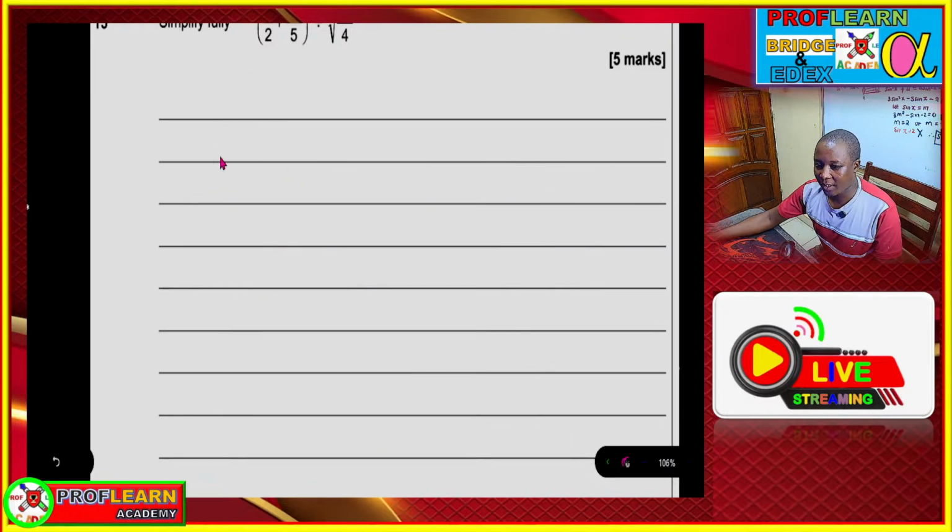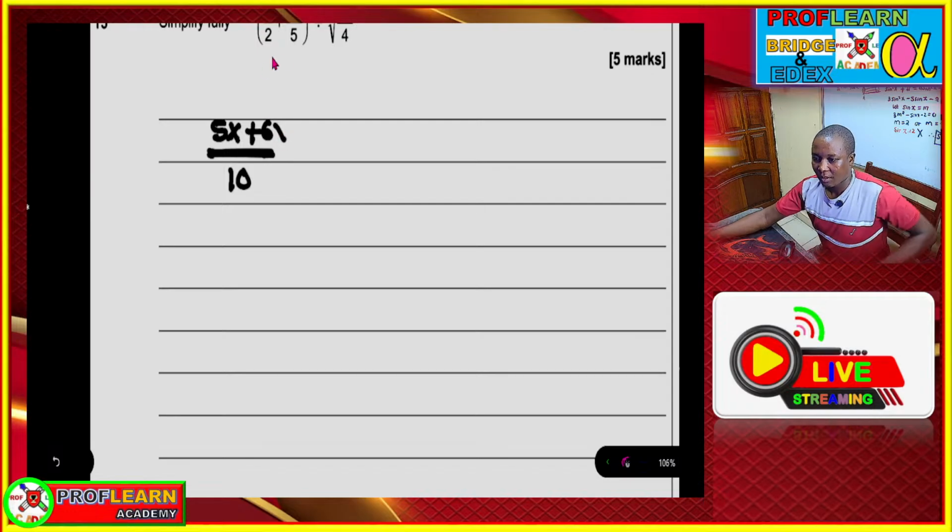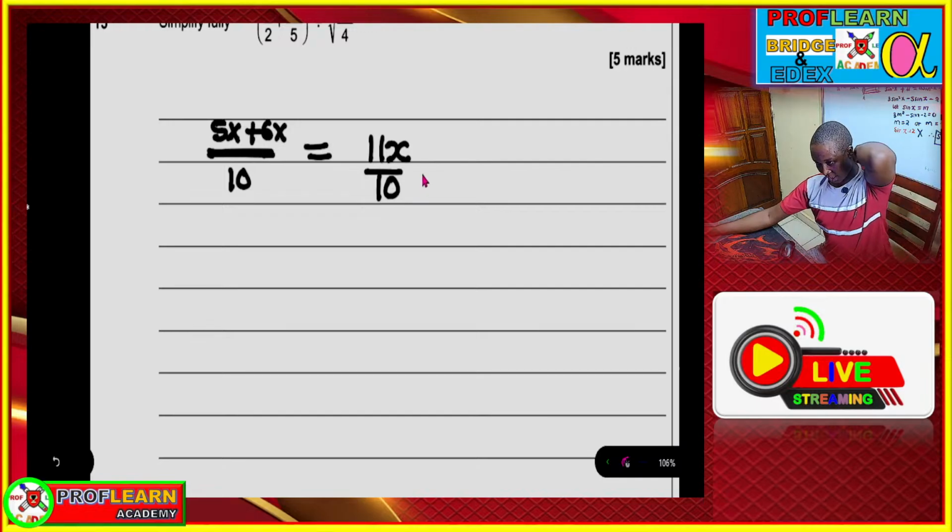So simplifying as a single fraction, this is going to be equals to 10, and this is going to be 5x plus 6x. So this is going to translate to 11x over 10 times 4 over x raised to power 6 raised to power a half.